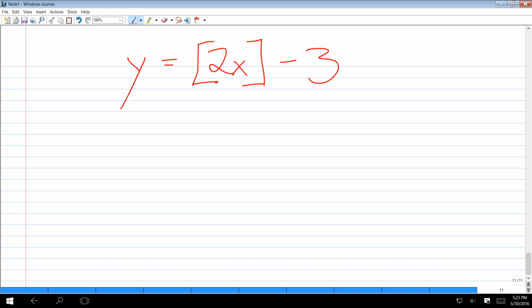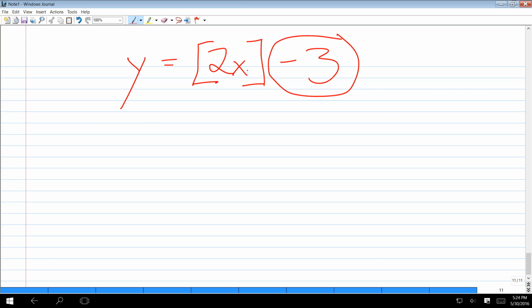what's the effect of the 2? That's vertical. Horizontal. It's inside the function. Anything inside the function is going to be horizontally affected. The 3 is outside the function.